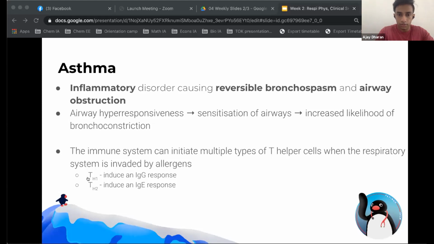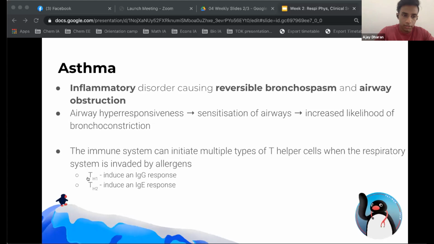T helper 1 cells induce an IgG response, and organisms that predominantly respond with TH1 are usually resistant to allergic diseases, but they're more prone to helminth infections. This is just a trend that people have noticed, and it's vice versa for organisms that respond with TH2. Higher levels of TH2 cells lead to allergic conditions. Asthma is one of them.